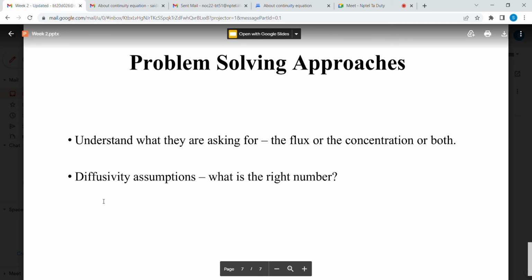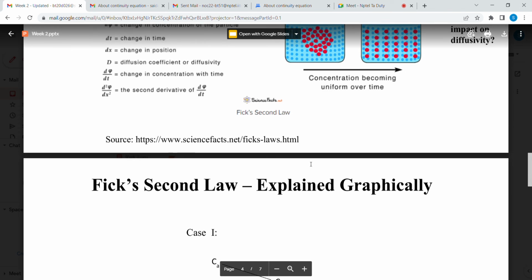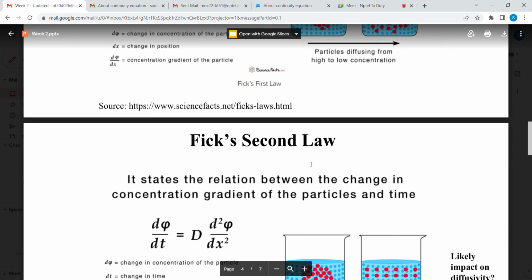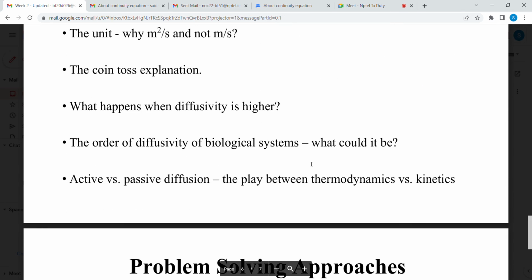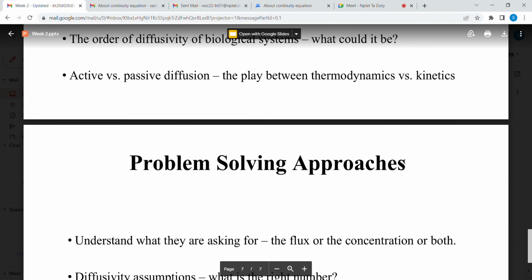In some cases they won't give you the diffusivity number. They would give you the system, and they would expect you to think about what kind of diffusivity this biological system could have. So for that you need to answer this question: the order of diffusivity in biological systems.